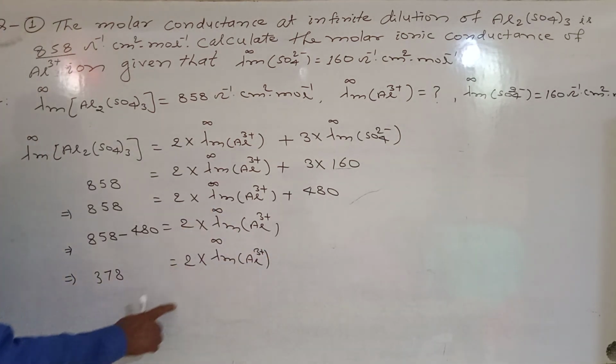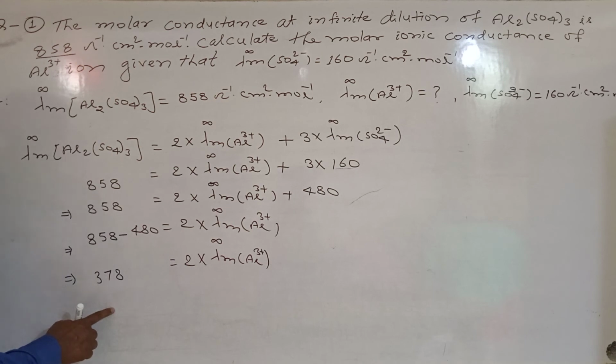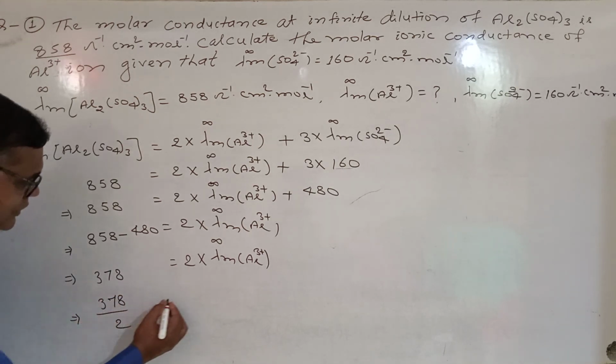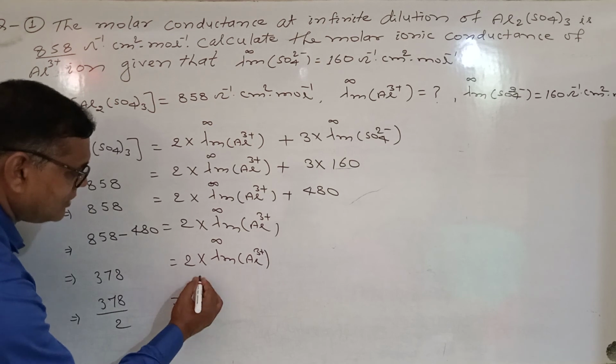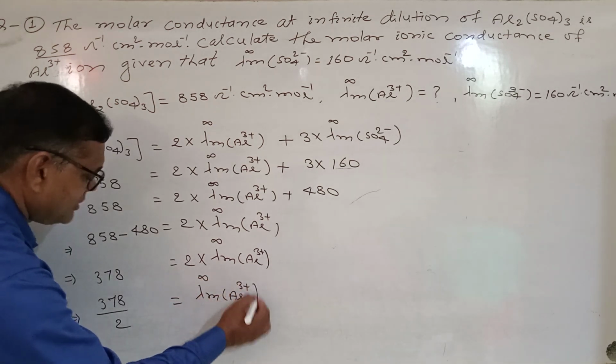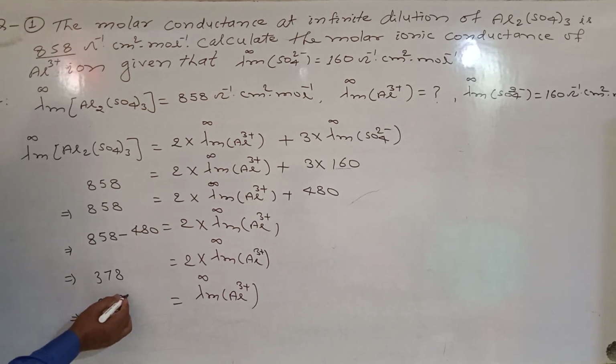The 2 moves to the left side, and we write 378 upon 2 is equal to lambda infinity m aluminum ion. These cancel out, giving 189.